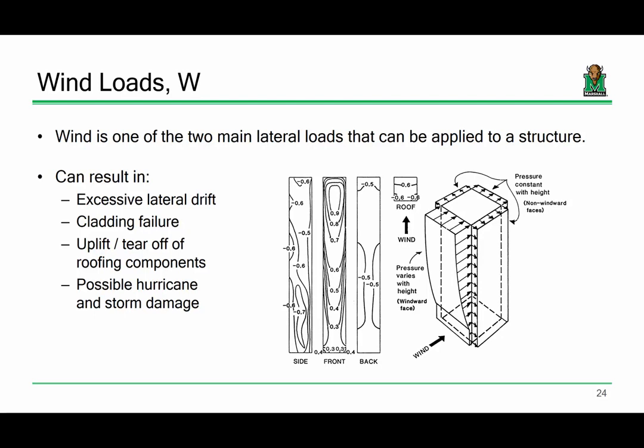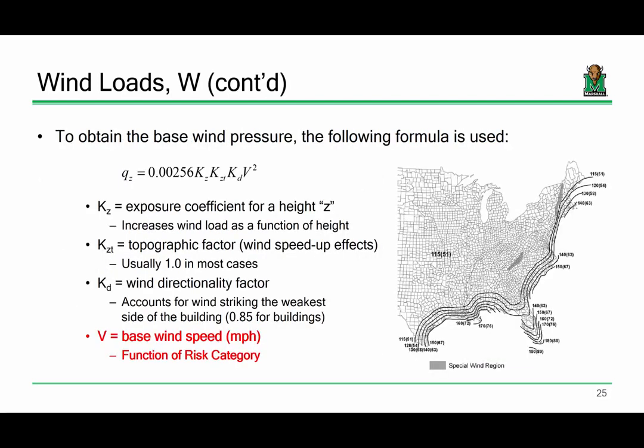Large scale type things. Okay, so here's our fundamental base wind pressure equation. Again, this is just Bernoulli's equation rearranged for elements that are at the same height, so your elevation head is gone, and then all you do is you take in the unit weight of air, you plug in a unit conversion to convert wind speeds in miles per hour into a pressure in pounds per square foot, and so that's where that 0.00256 comes into play.